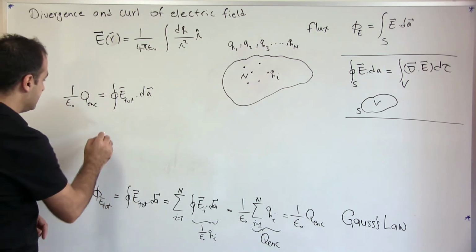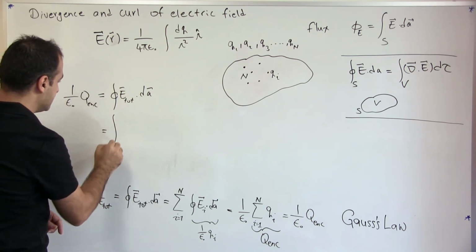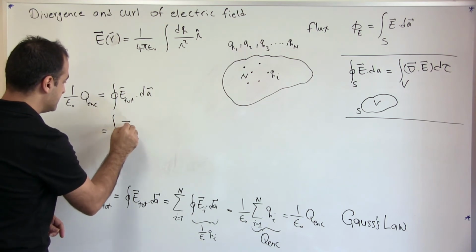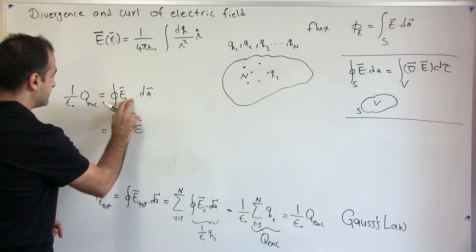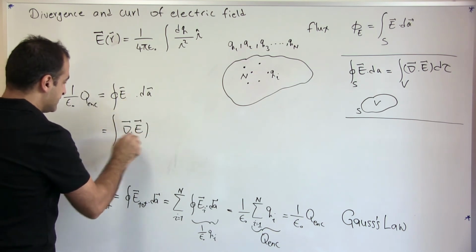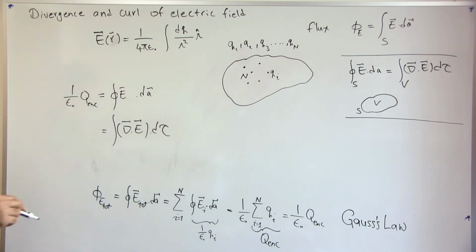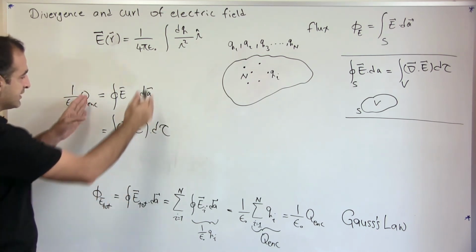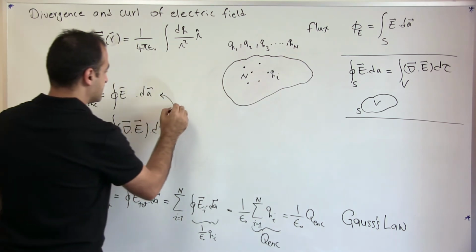And now, this integral on the surface should be equal to the integral of the divergence of E, I want to drop the "total", over d tau. So the right side of the integral is just the divergence theorem.